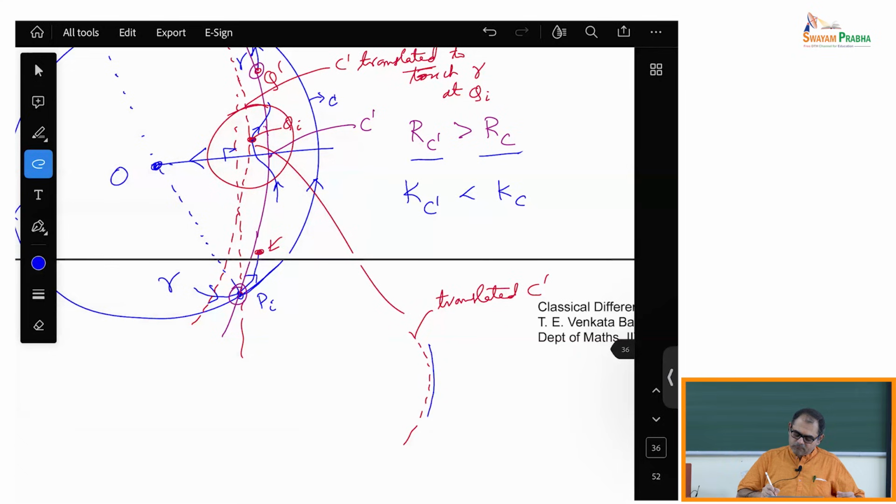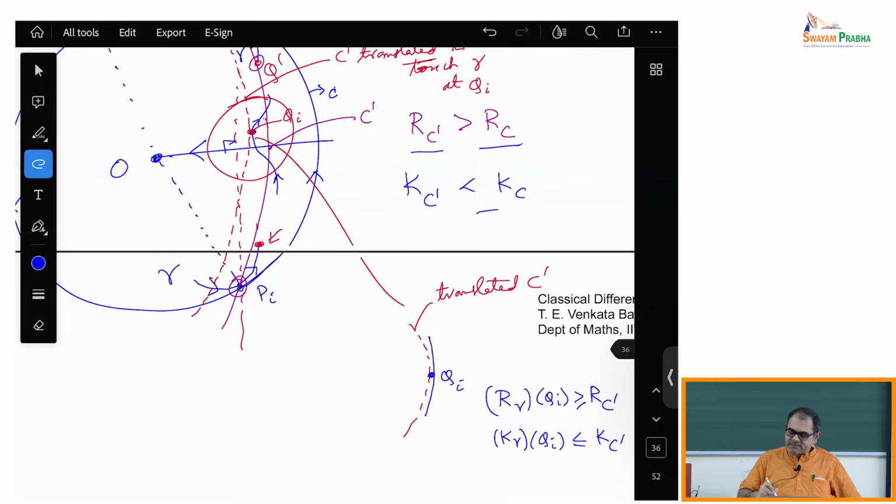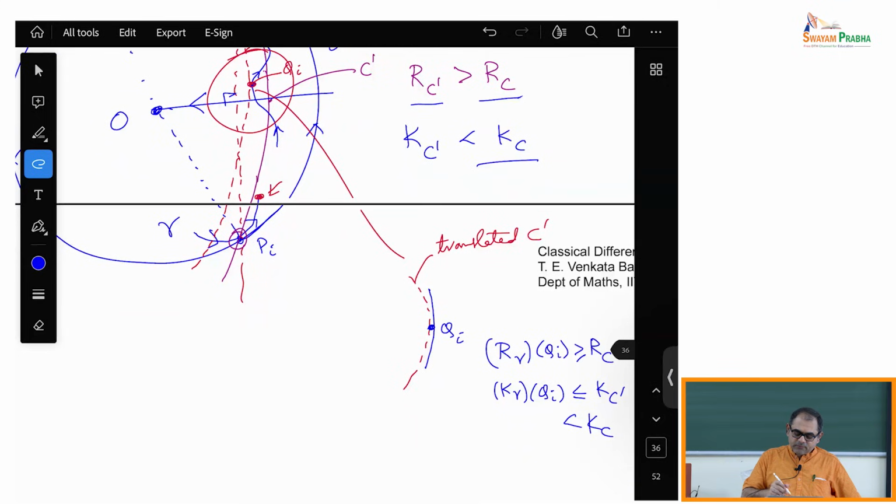In this case, you can see that this is your Qi, and the radius of curvature of gamma at Qi is certainly greater than the radius of curvature of C prime. So it means greater than or equal to, let me say, and therefore the sign curvature of gamma at Qi is less than or equal to the sign curvature of C prime, and that is strictly less than Kc.